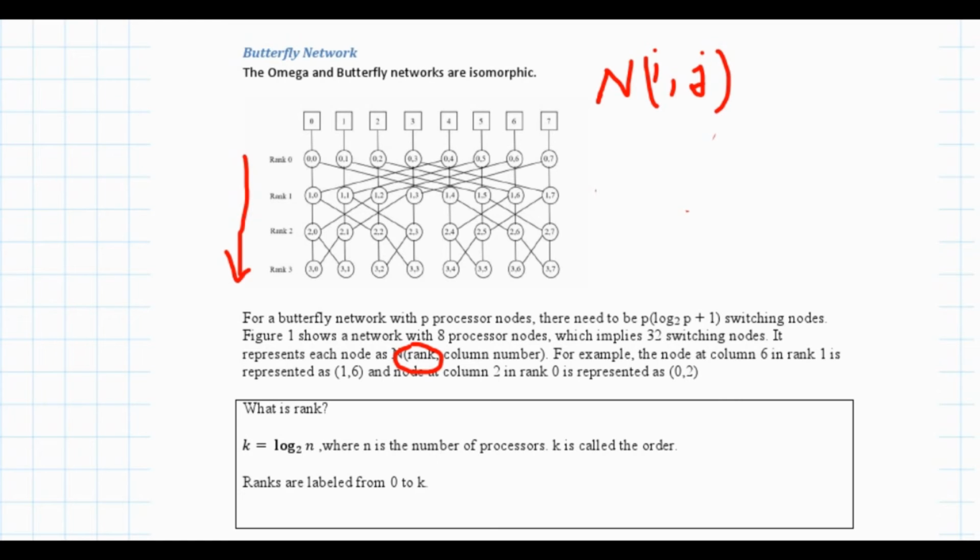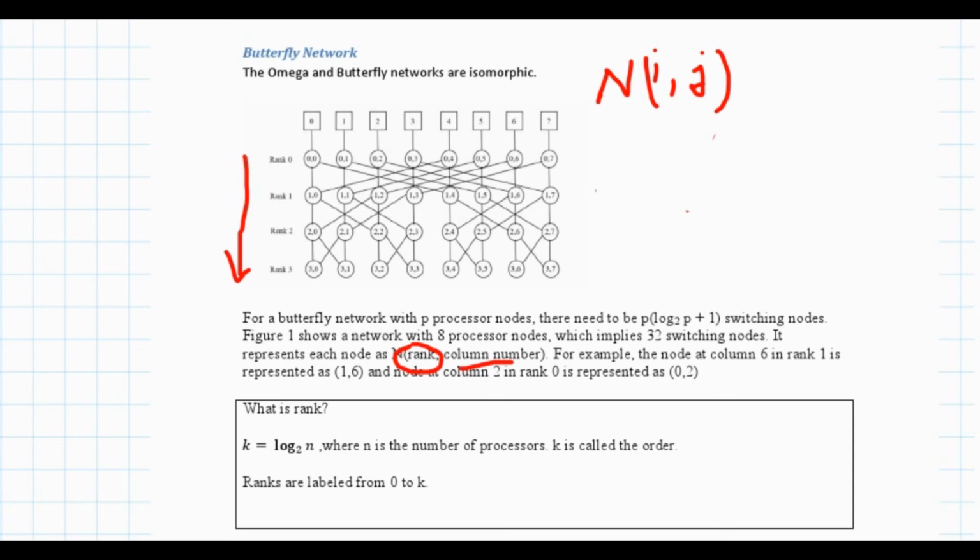You see, column numbers, that means the total number of columns, are actually not arbitrary in the case of butterfly network. So you have p processors, so you have p columns. You have 8 processors in your multiprocessor architecture.